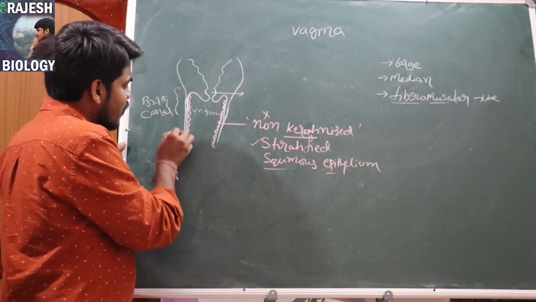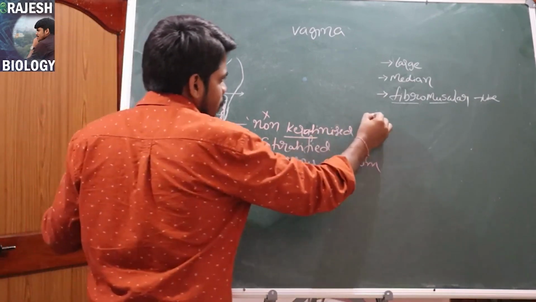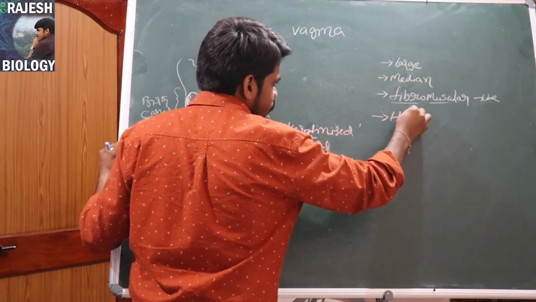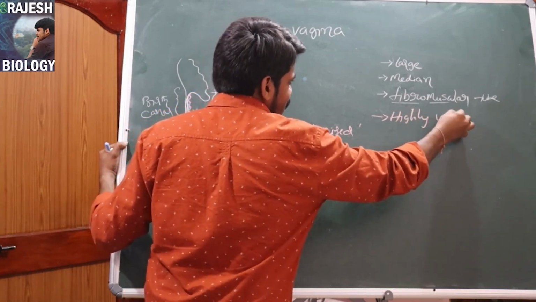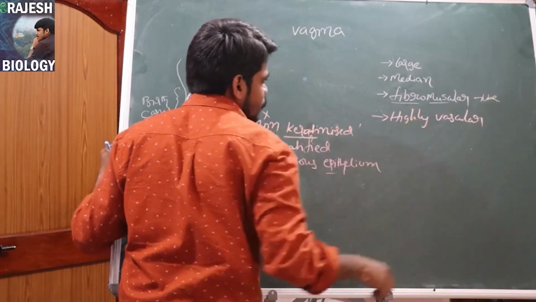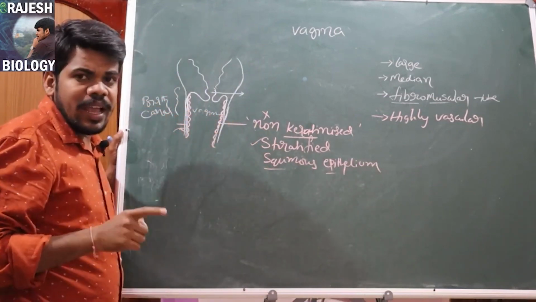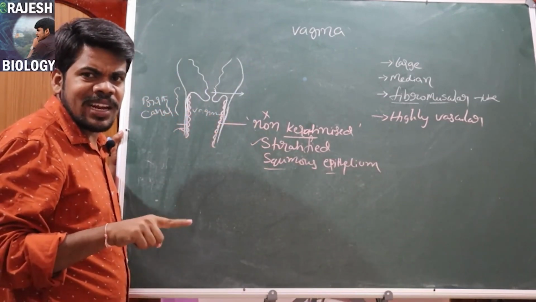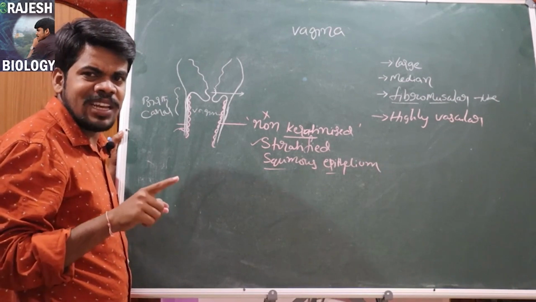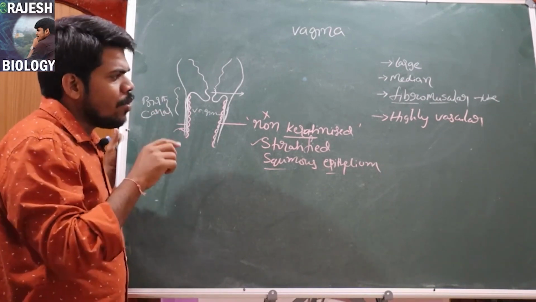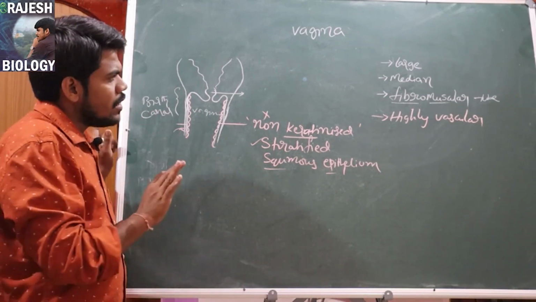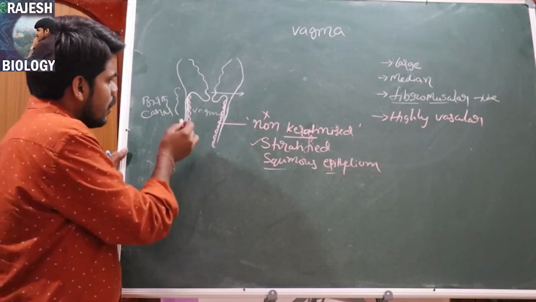Not only that, the vagina is also highly vascular. It is a large, median, fibromuscular tube-like structure. This is about the vagina.